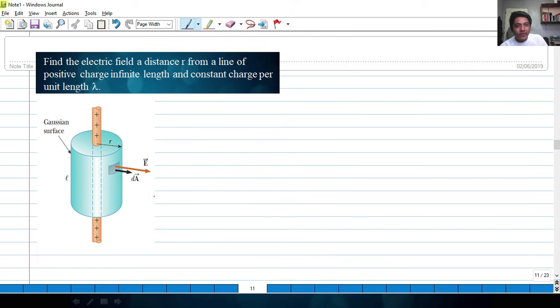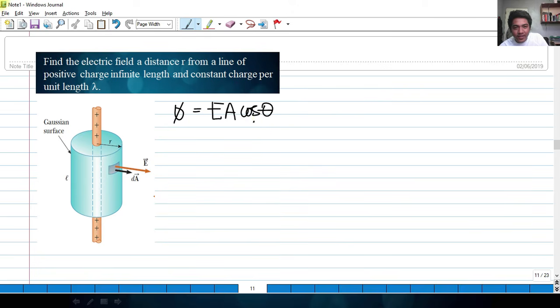Again, from the definition of electric flux, that is EA cosine of theta. As you can see here, at any point on the cylindrical Gaussian surface, the electric field is here, and the normal vector is also here, so they are parallel and their angle is equal to 0.